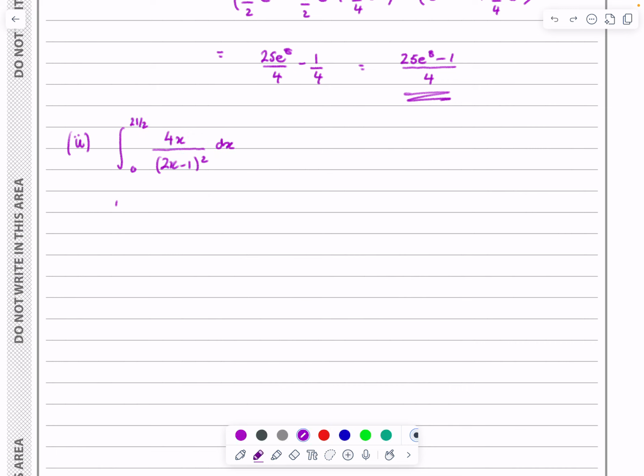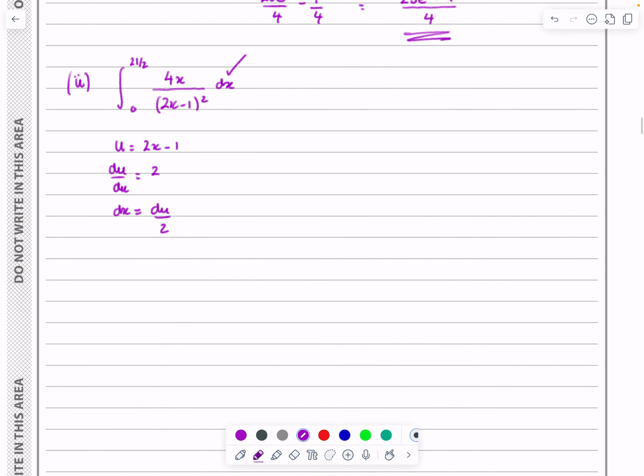So we start by saying my substitution is u is 2x minus 1. I'm always going to do my dx first. du by dx is equal to 2. So in other words, dx is du over 2. Now I'm going to tick this, I'll get rid of it later, but got that bit done. I also need my 2x minus 1 squared. Well, that's just u squared.